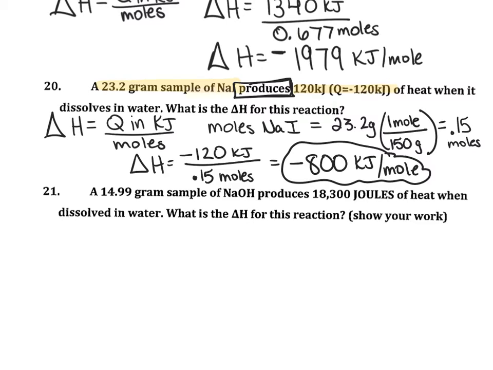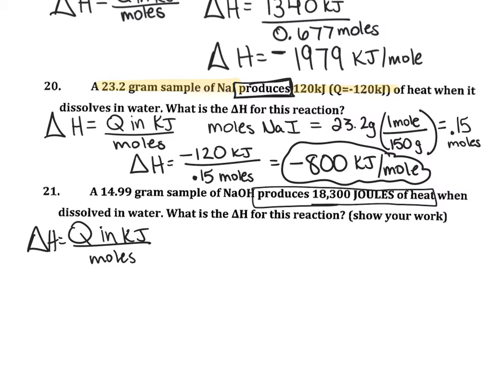Now, for the next problem, I want you to notice that we are producing joules of heat, not kilojoules. We need our Q in kilojoules to calculate our delta H. So the first thing I'm going to do is take that 18,300 joules and divide it by 1,000 in order to get 18.3 kilojoules.